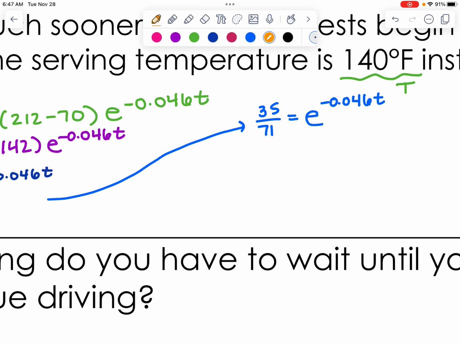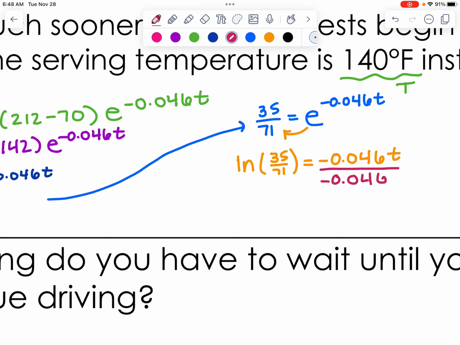And now we've got t stuck in the exponent, so we need to switch to log form. So log base e of 35 over 71, but we know that's ln, equals negative 0.046t. Last step to solve for t would be to divide both sides by negative 0.046.